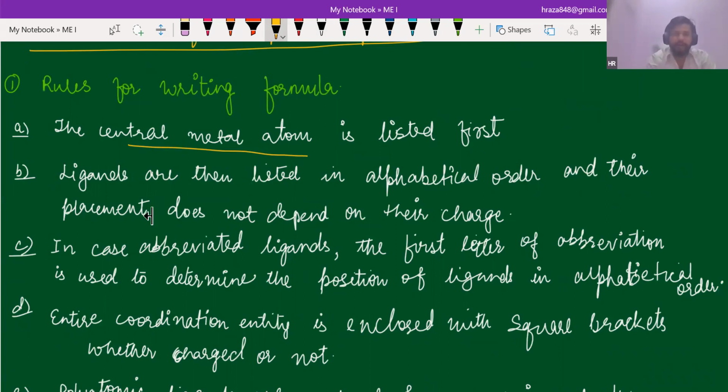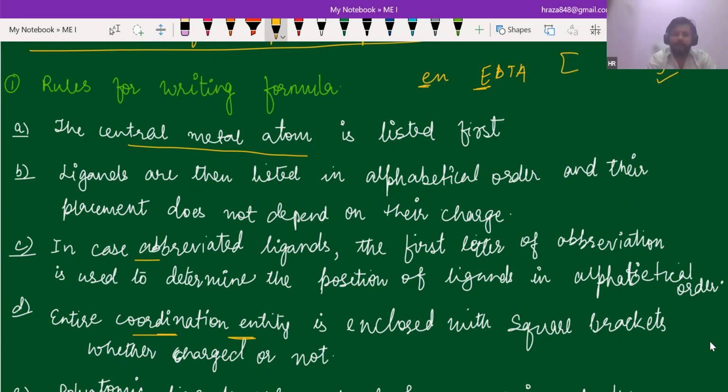In case of abbreviated ligands like en or EDTA, we consider the first letter to list them in the formula. Then the entire coordination entity is enclosed with square brackets.